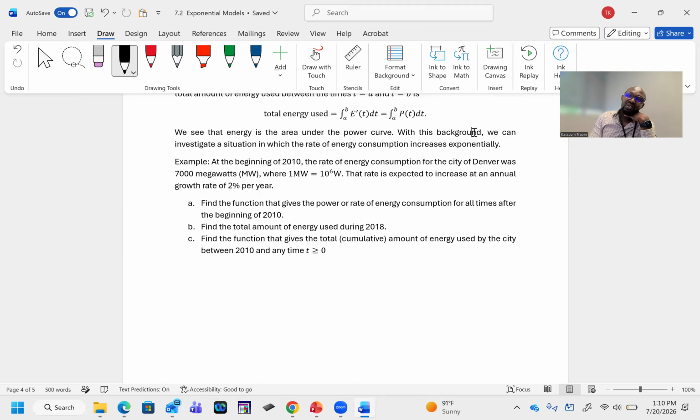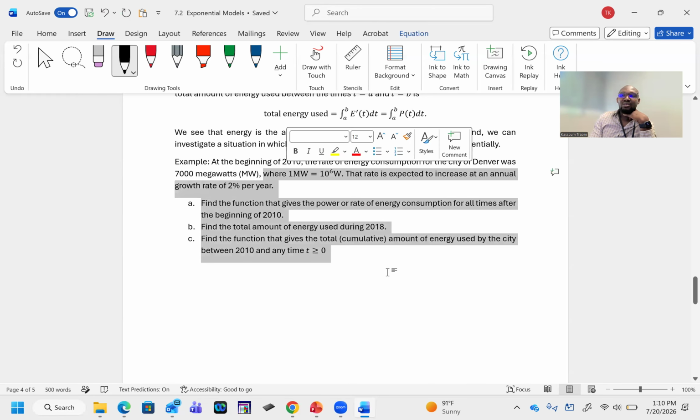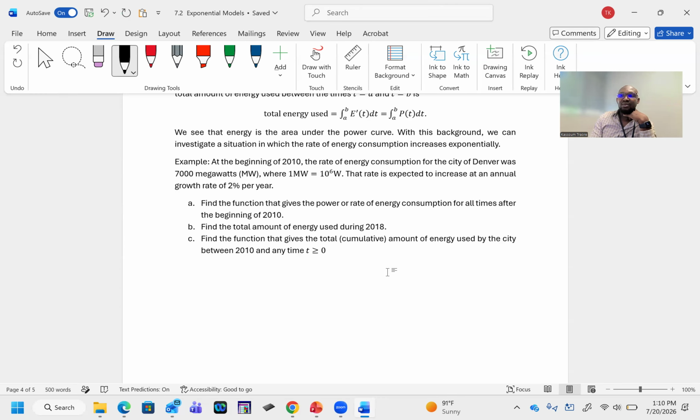B, find the total amount of energy used during 2018. C, find the function that gives the total cumulative amount of energy used by the city between 2010 and any time t greater than or equal to 0. Let's go and solve this one.